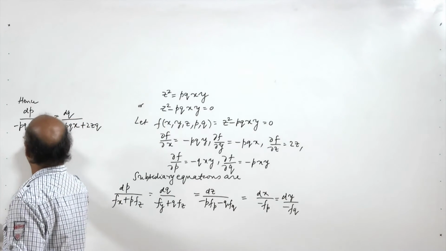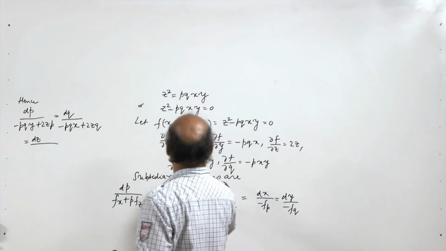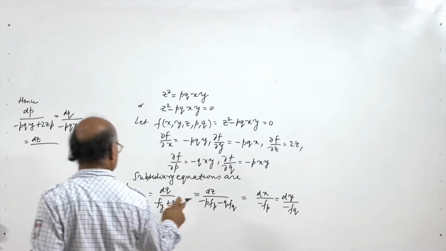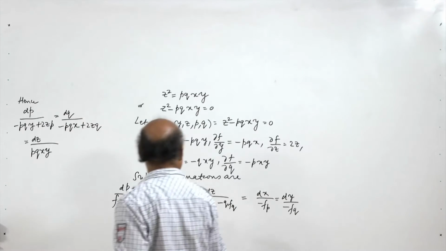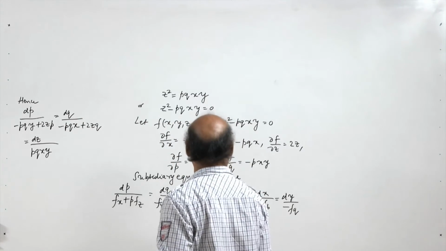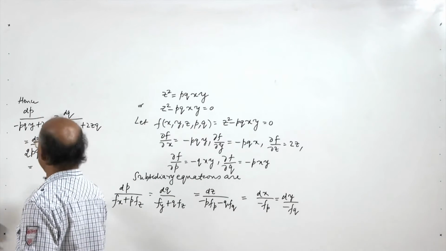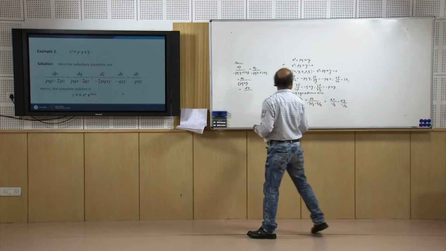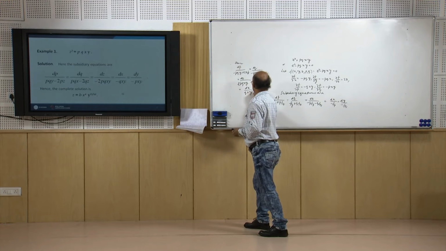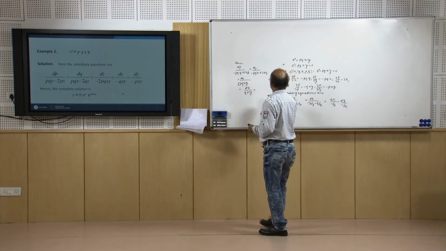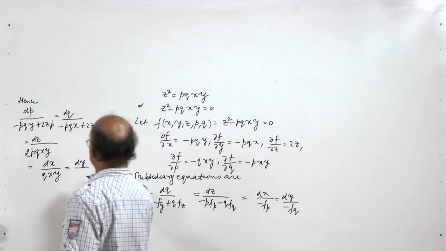Then dz divided by (minus p fp, minus q fq), so pqxy and minus q fq will also give you pqxy, so we get 2 times minus pqxy here. Then dx over minus fp, so we get qxy, and this is equal to dy over minus fq, means pxy.